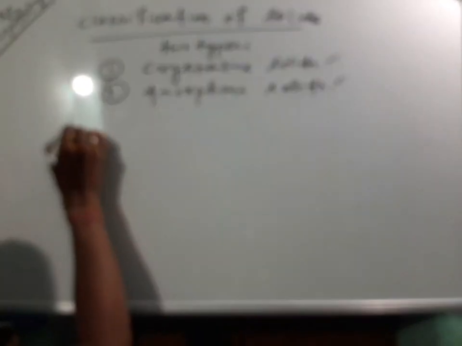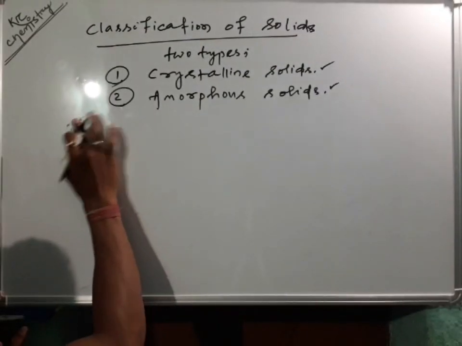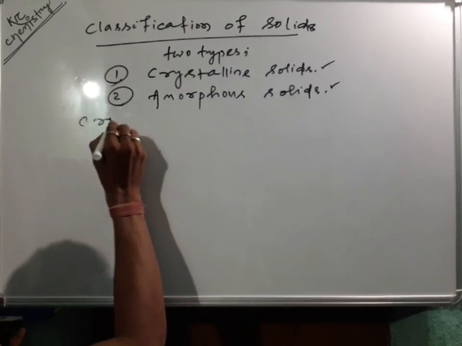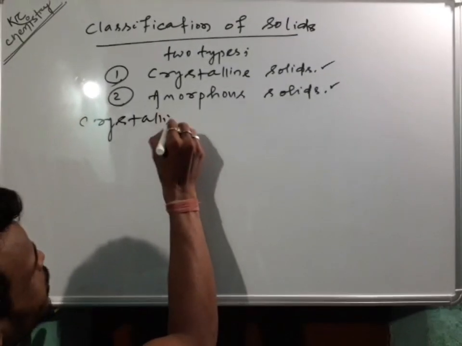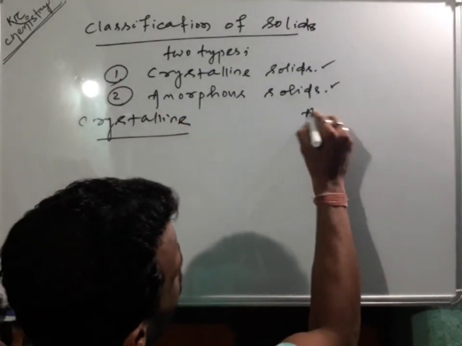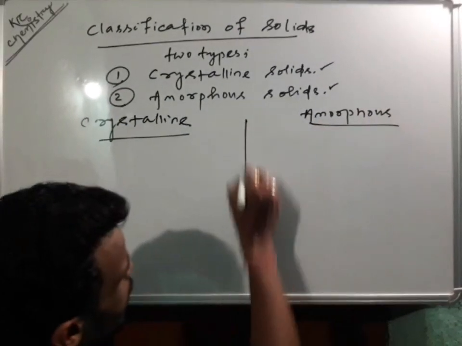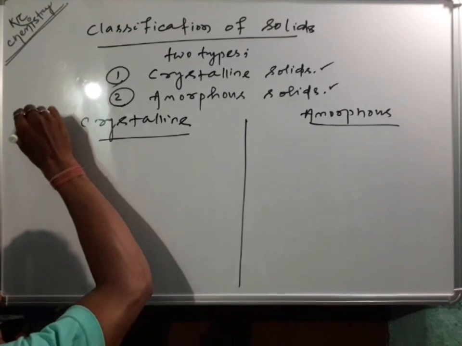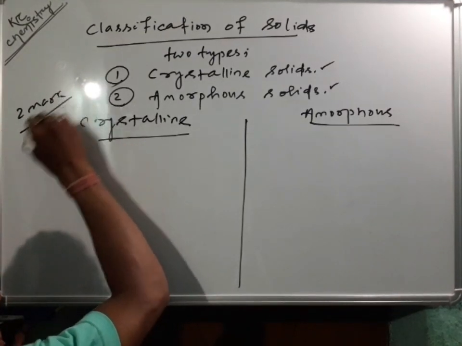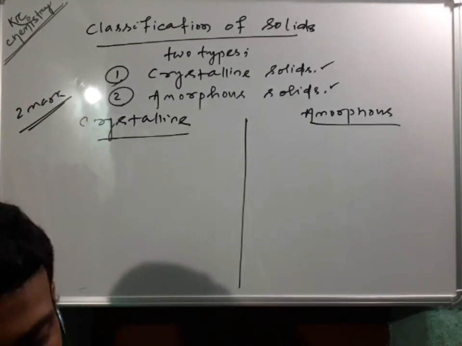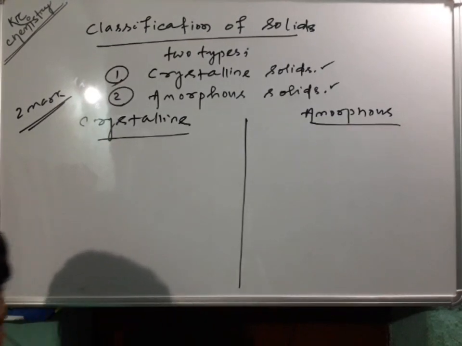So I write the difference between a crystalline solid and an amorphous solid. What are the differences between a crystalline and amorphous solid? This is a 2-mark question: differentiate between crystalline solid and amorphous solid.